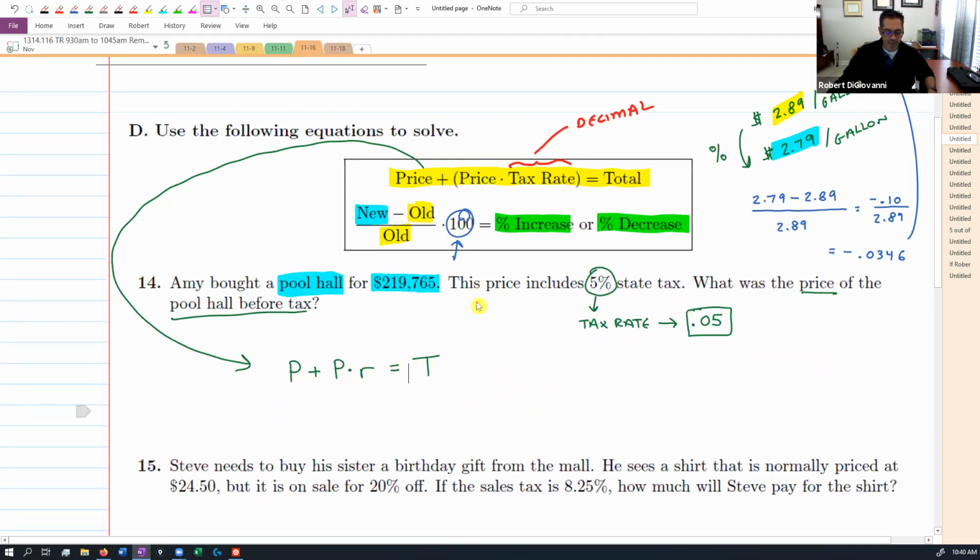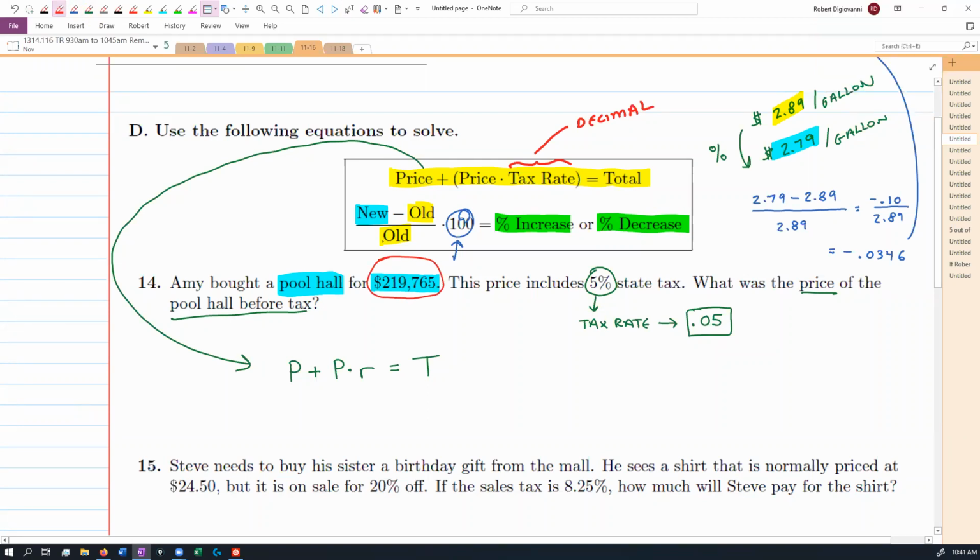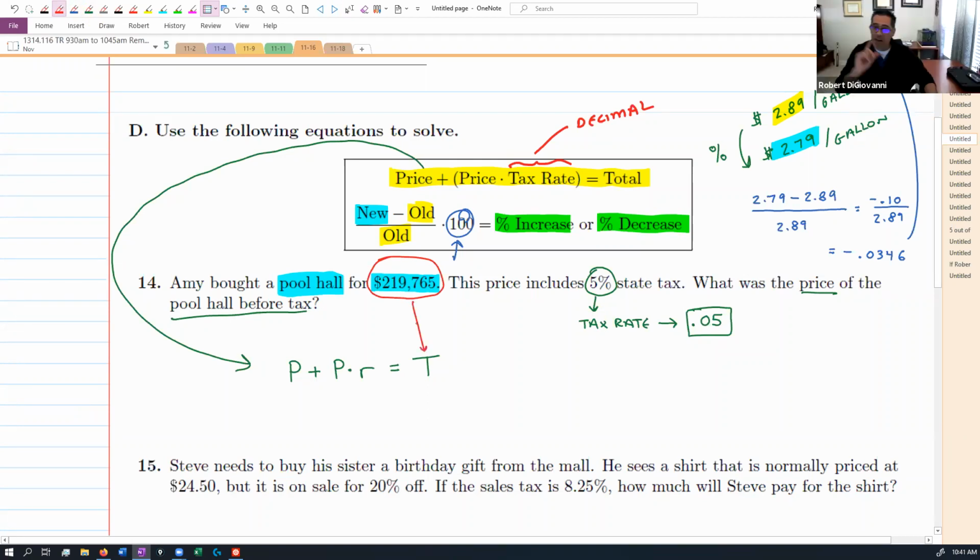What do we have in this problem? What are we given? What is the 219,765? The total. That's T. That's not the price she paid, that's the total she paid. And then this is the R, right?